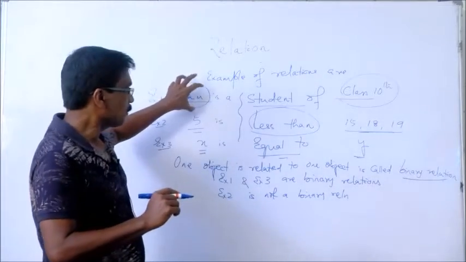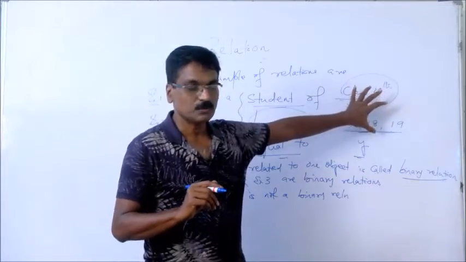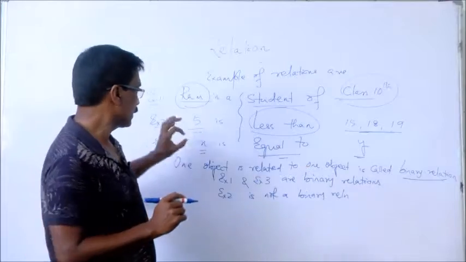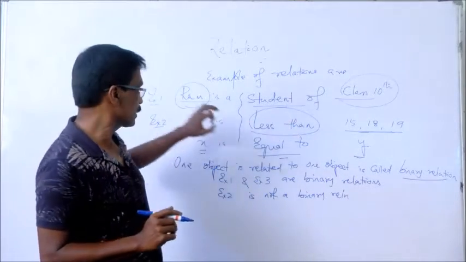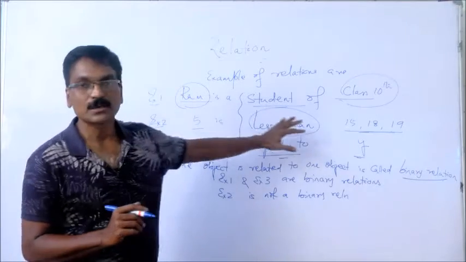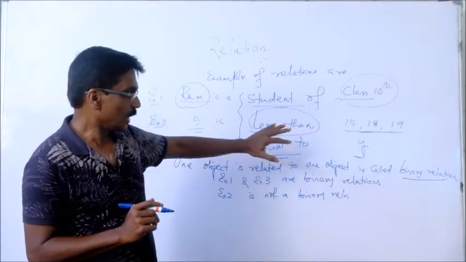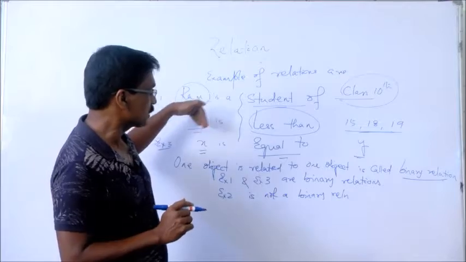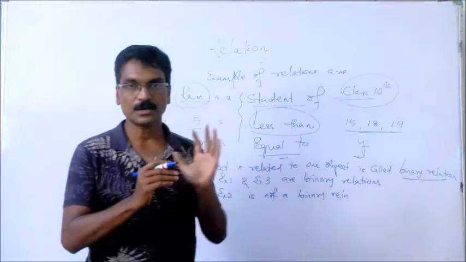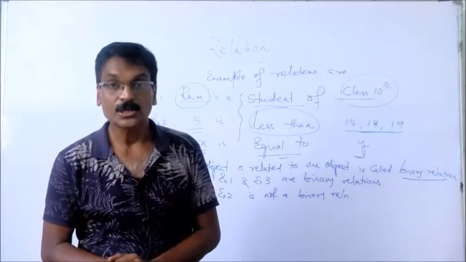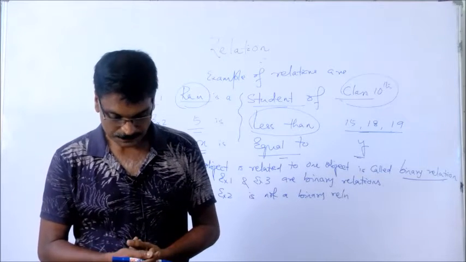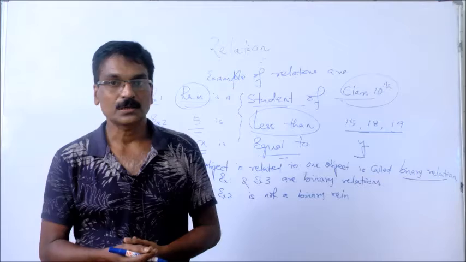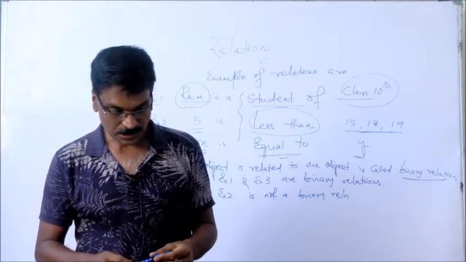Ram and class 10, 1 with 1, is a binary relation. X and y, 1 with 1, that is equal to, is a binary relation. But example 2 is not. And 5 is less than 15, 1 with 1, is a binary relation. So, in mathematics, we concentrate on binary relations.